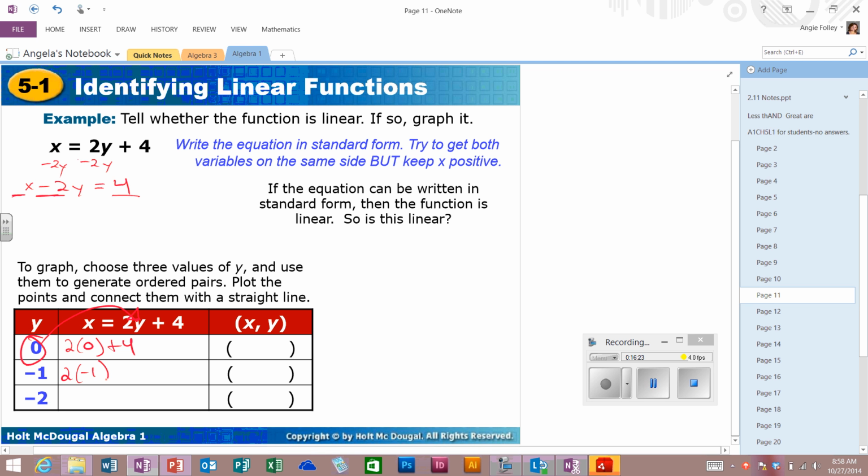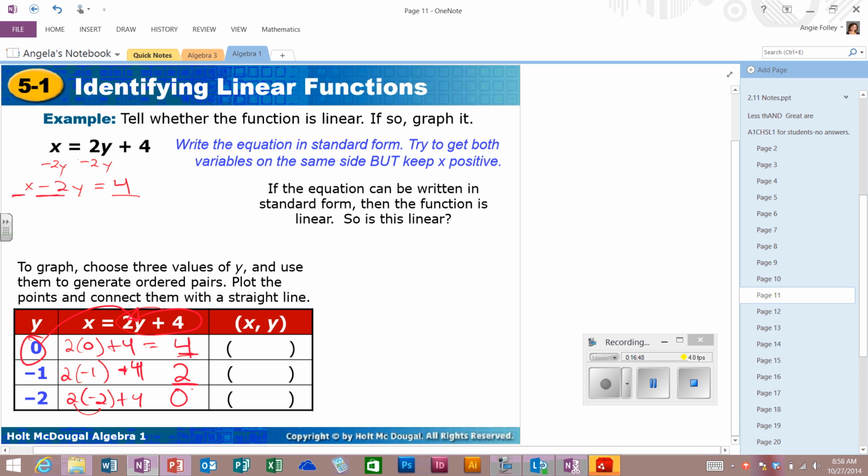We're going to plug negative 1 into y and add 4. And we're going to plug negative 2 and add 4, because that's what the equation looks like. So 0 plus 4 is 4. Negative 2 plus 4 becomes 2. And negative 4 plus 4 is 0.